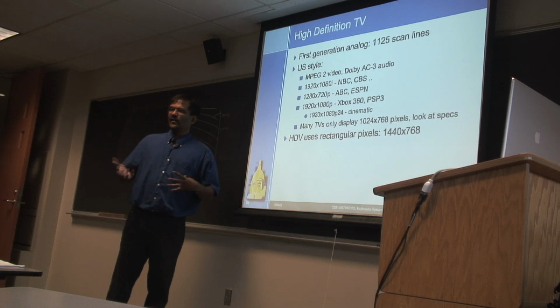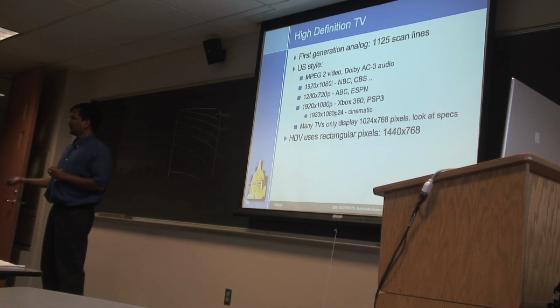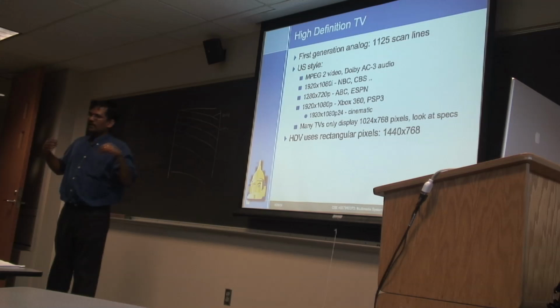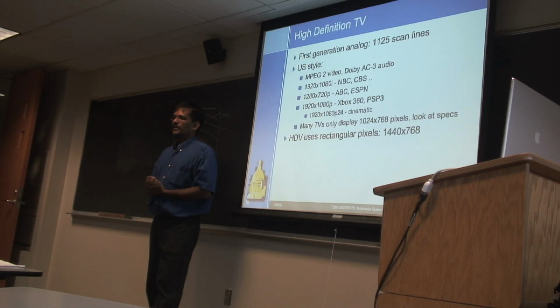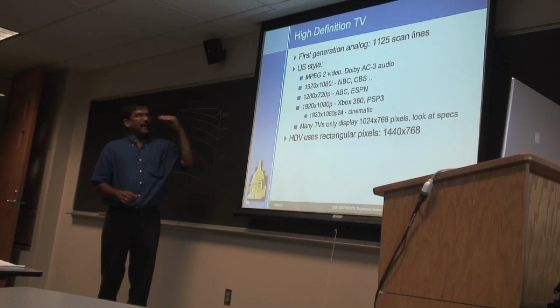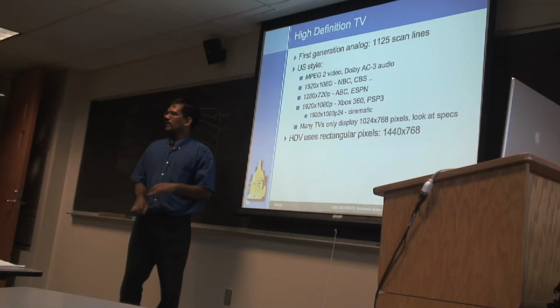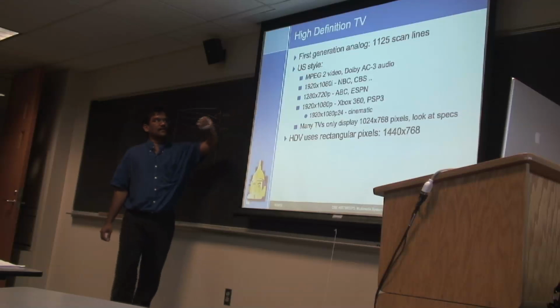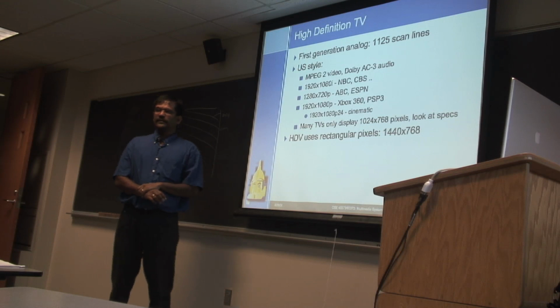But the technology is only now catching up so that you can actually do the MPEG-4 level of compression. The better compression you have, the more CPU or more juice you need, and the technology has to catch up to make that possible, right? And it's Dolby AC3 audio for the surround component. So by default, the HD has to be MPEG-2 and AC3, right?